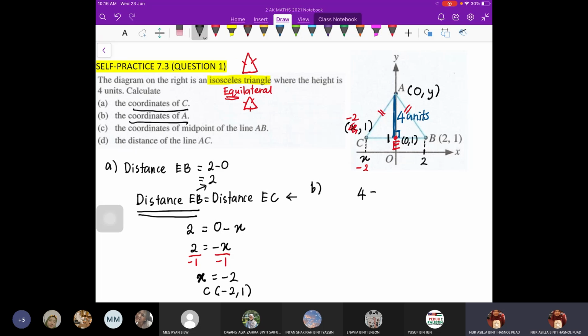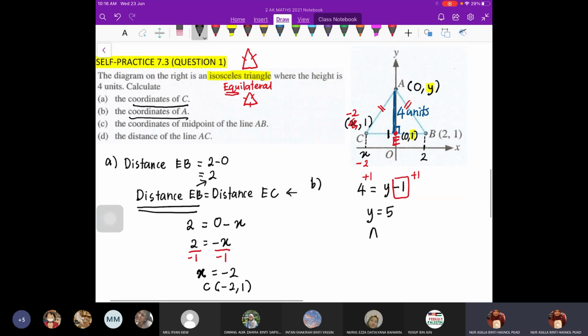So 4 is equal to Y dengan 1. Okay, Y dengan 1 here. Of course, Y will be bigger. So Y minus 1. So I nak eliminate negative 1 ni, plus 1. So on the left also plus 1. So Y is equals to 5. So coordinate of A is 0, 5.